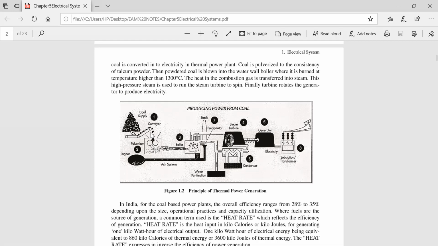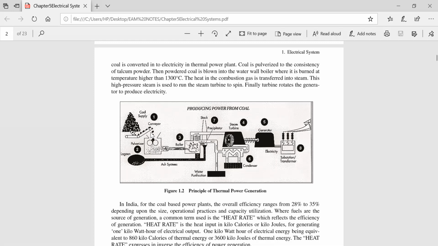The heat generated in the combustion chamber is transferred into steam, and that high pressure steam is used to run the steam turbine and spin it. Finally, when the turbine rotates, the generator produces electricity.